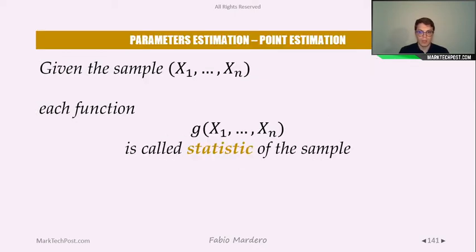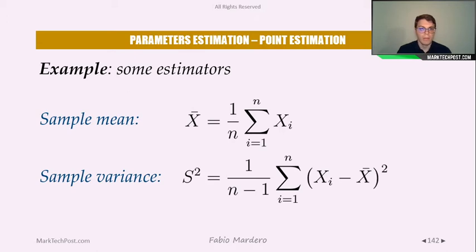Following the classical approach, let's start with the parameters estimation, particularly the point estimation. Given a sample of n random variables, we call a function of this sample a statistic. A statistic is a function of the sample. In particular, here in this scenario we are talking about statistics, not estimators. For example, a statistic is the sample mean, since this is a simple function of these.